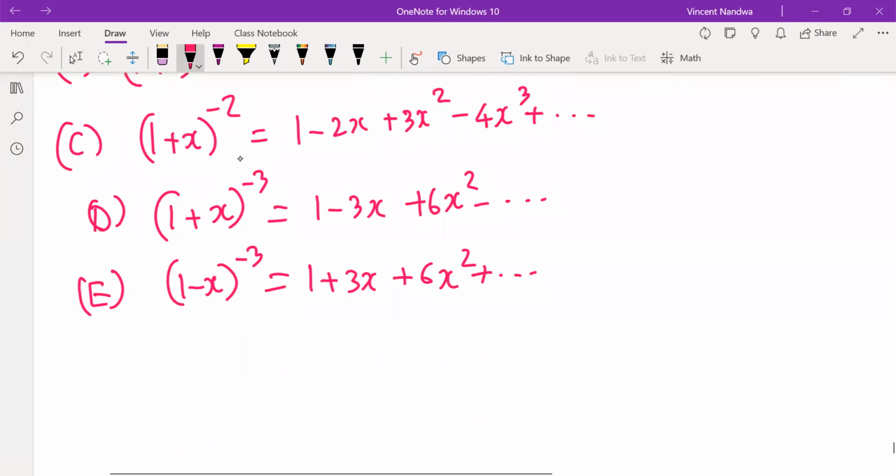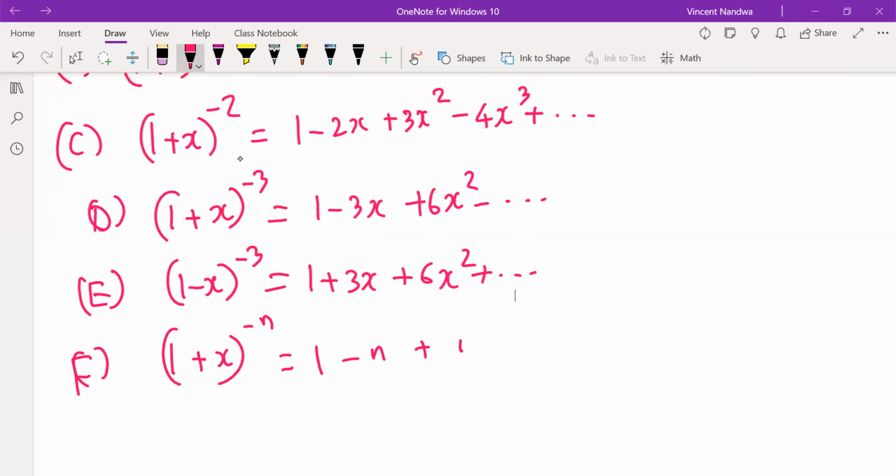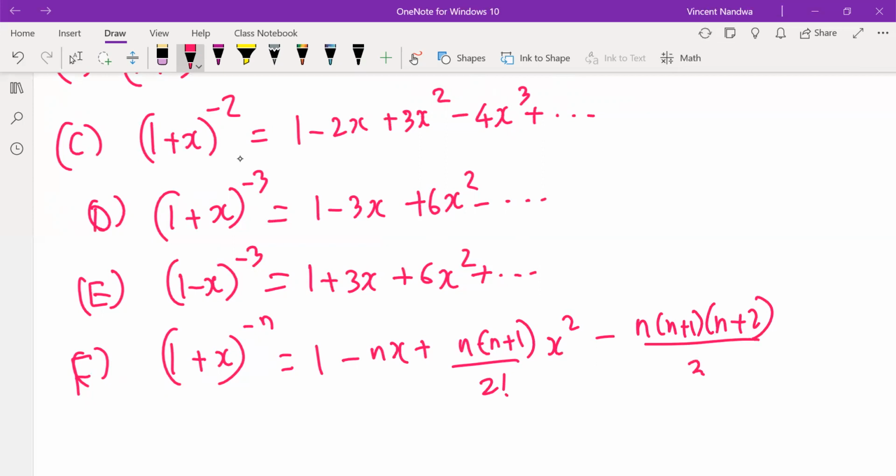Then F, if I have 1 plus x raised to the power minus n, I have 1 minus nx plus n into n plus 1 over 2 factorial x squared, then minus n into n plus 1, n plus 2 over 3 factorial x power 3 plus several other terms.